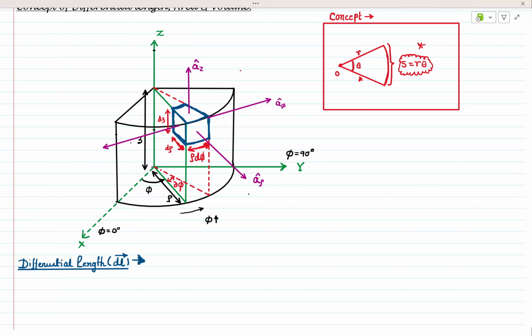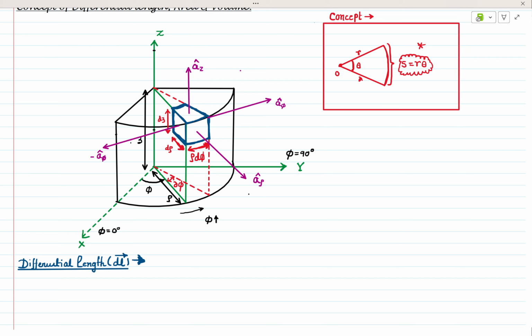So the phi direction is positive towards the y direction. If this is plus phi, then this will be the opposite direction, which can be given as minus phi.